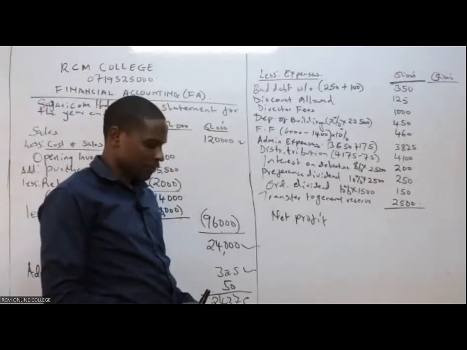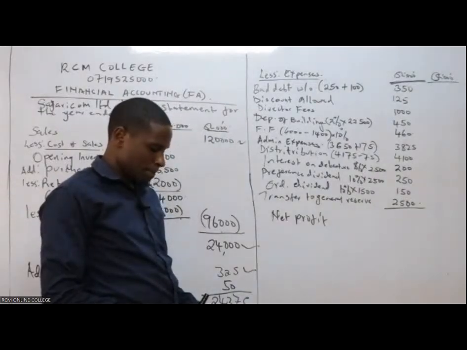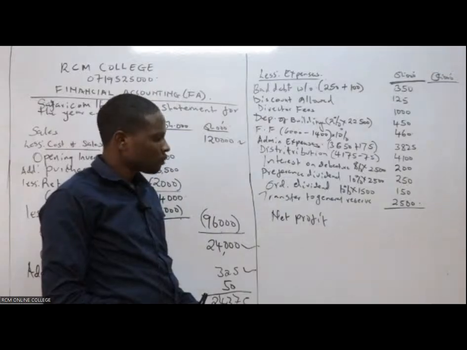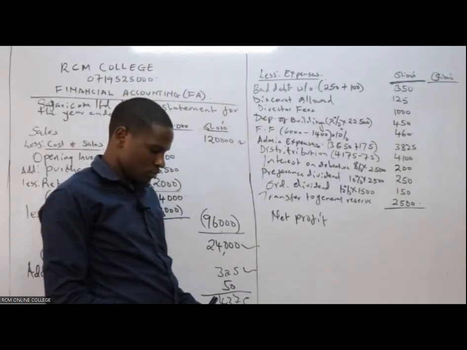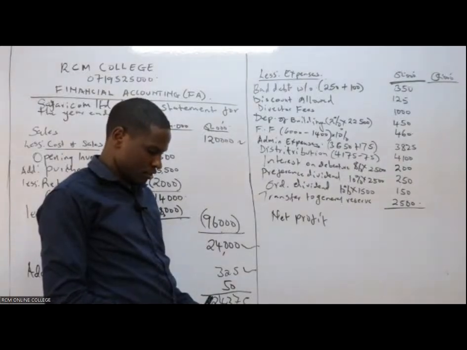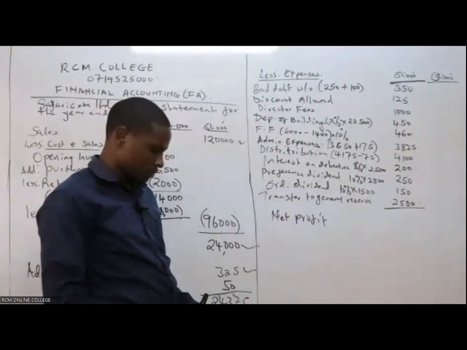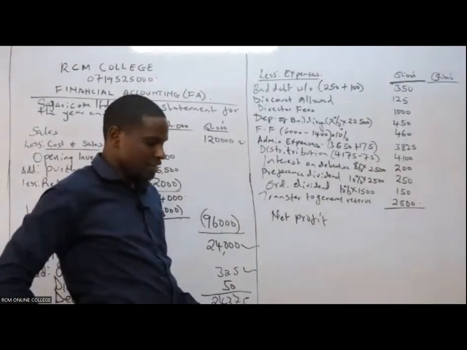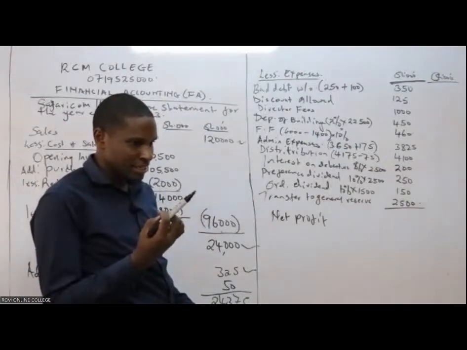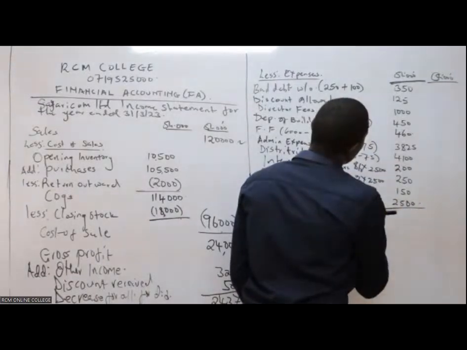So I have 475 plus 1450 plus 460 plus 60 plus 3825 plus 4100 plus 200 plus 250 plus 150 plus 2500. I get 13,860, unless there is some figure I have wrong here, but all the work looks right.